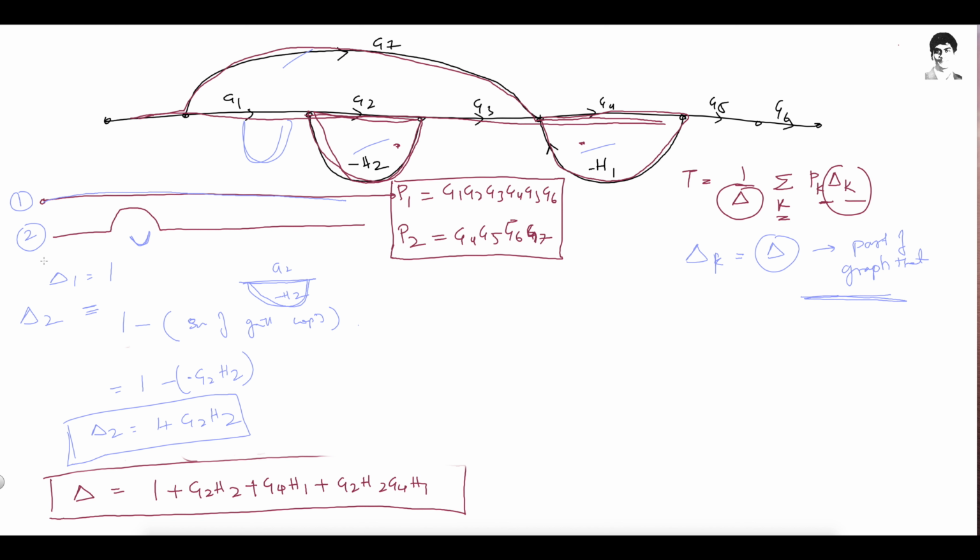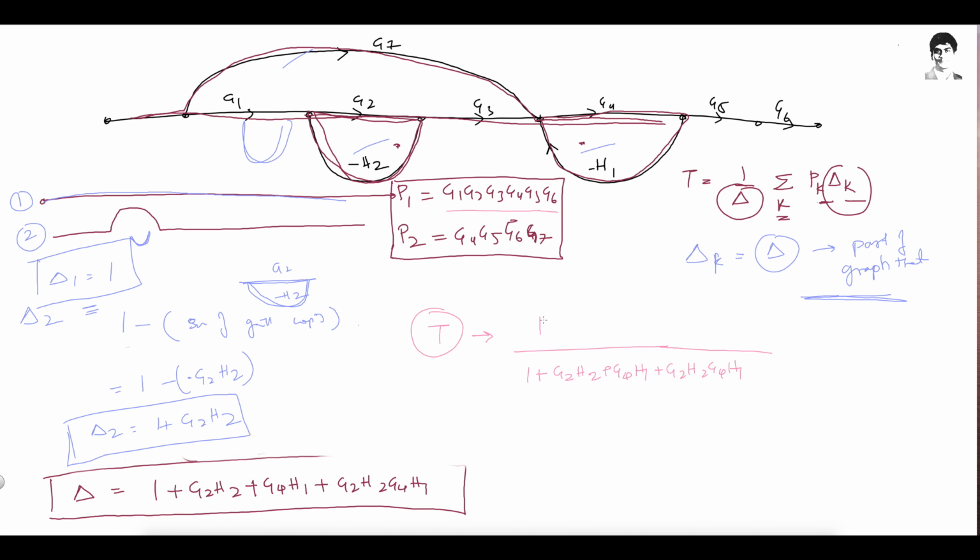So now we have all the values. We have delta 1, delta 2, delta, P1 and P2. Transfer function T is given by 1 by delta, that is 1 by 1 plus G2H2 plus G4H1 plus G2H2 G4H1. What is this summation? P1 delta 1. What is P1? P1 is this.